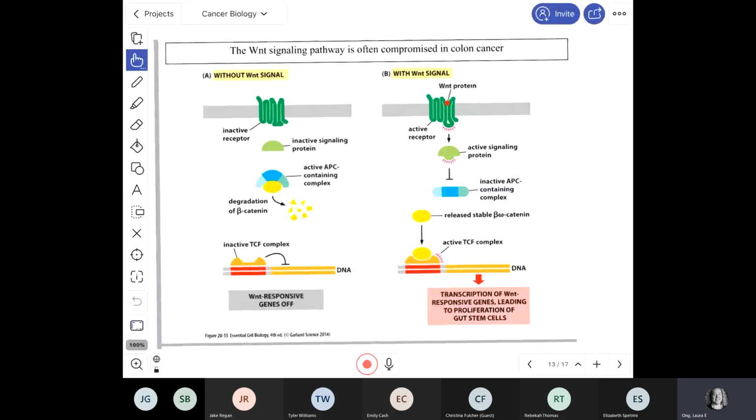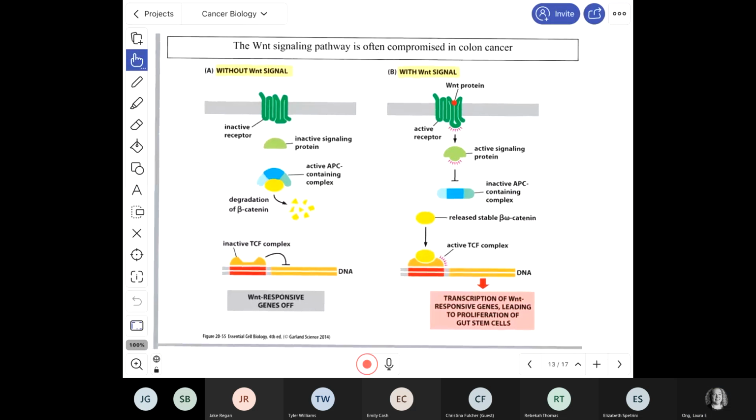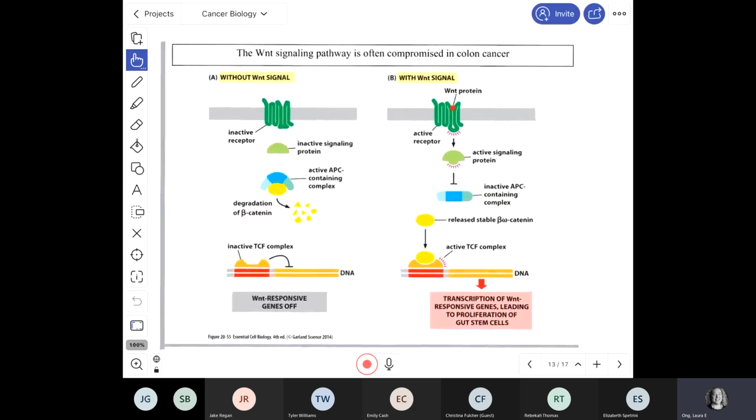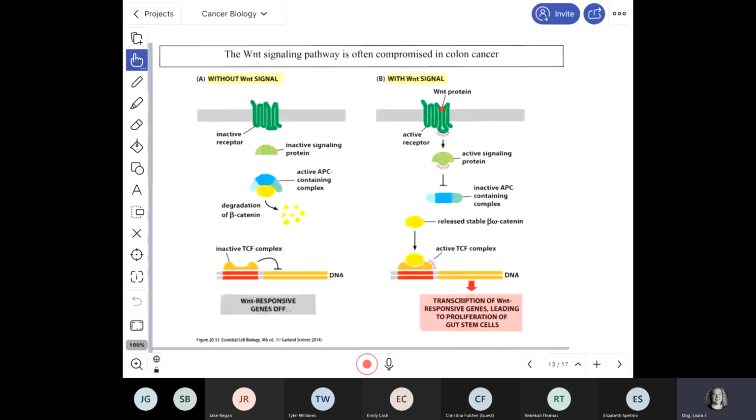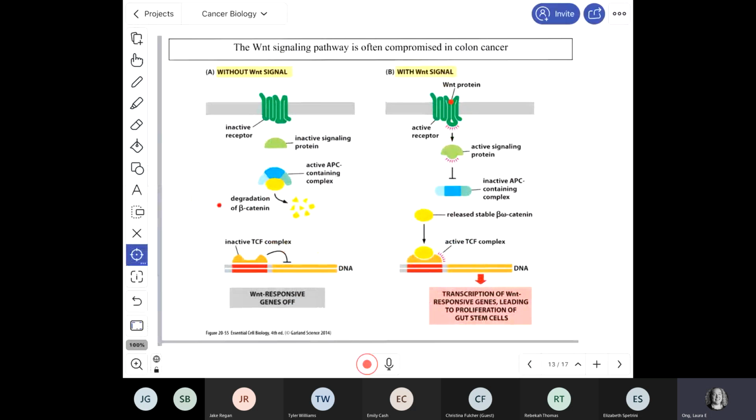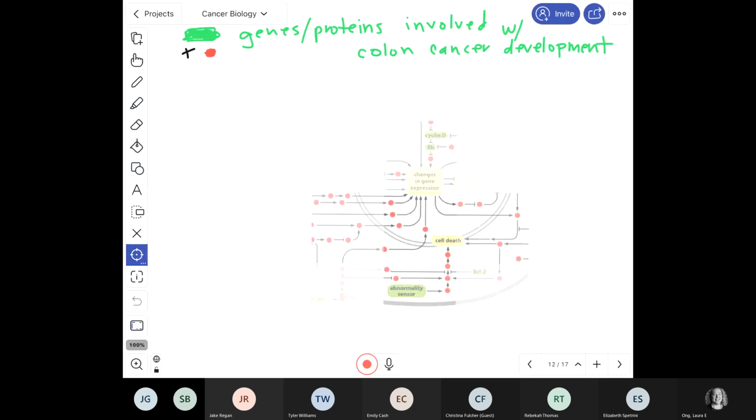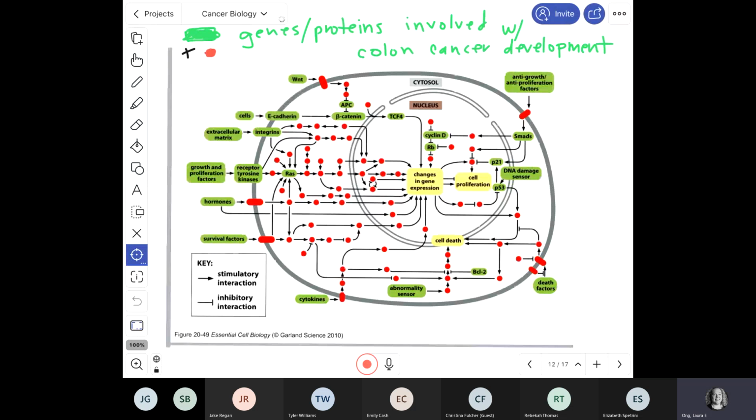But one particular pathway that is very well studied and very much involved in colon cancer is the Wnt pathway. And so what we're looking at here is the detail of this particular part of the interconnected pathways.